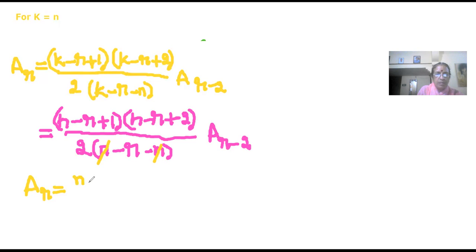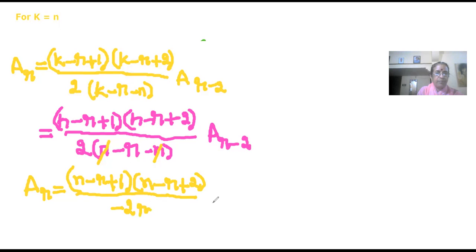It is nothing but N minus R plus 1 into N minus R plus 2, whole divided by minus 2R, into A R minus 2. This is the relation between AR and AR minus 2.